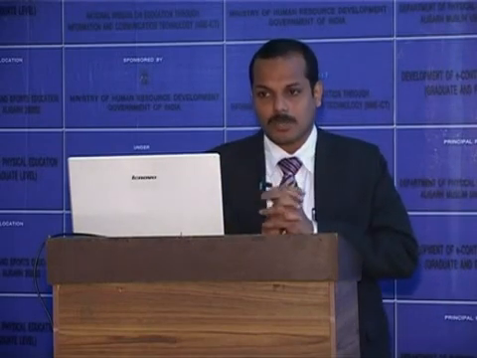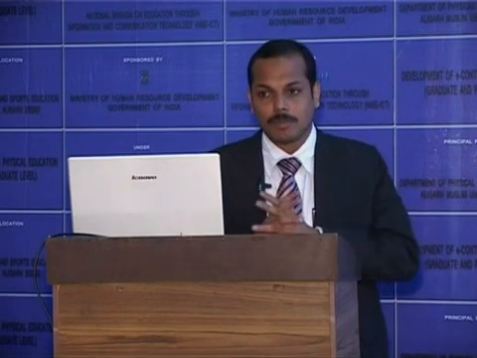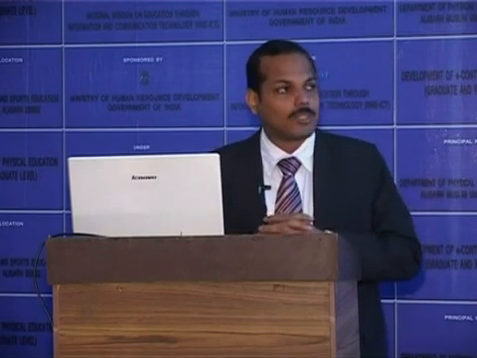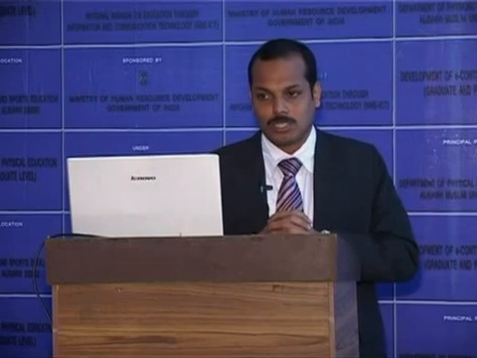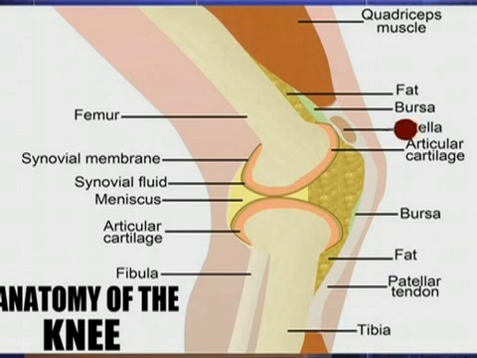So, as we discussed earlier, the knee joint is two distinct types of joint in a single joint capsule. The first one, which we already discussed, is the tibiofemoral joint. The second type of joint is the patellofemoral joint, the joint which is formed between the patella and femur. The patella is a sesamoid bone. The shape of the patella is triangular, and it is attached to the quadriceps muscle.